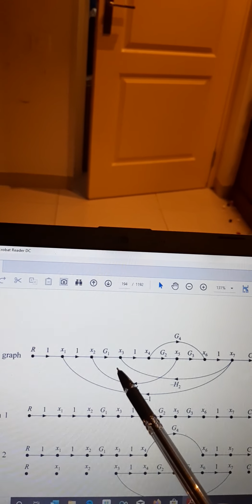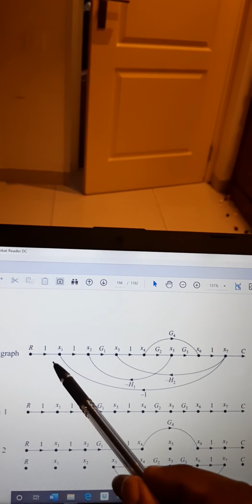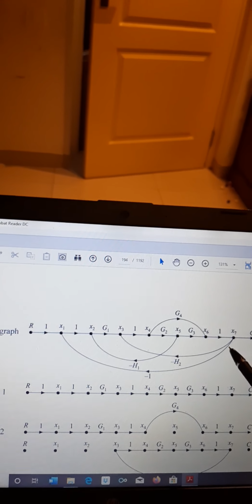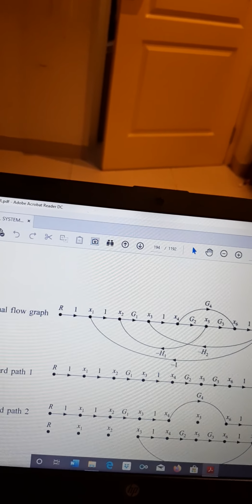Here it is G1, 1. As I told you, from here the deviation is taking place. After the summation point, you should put a 1. Here, so many points, so here also 1, here 1. You should be very careful about which places we put 1.